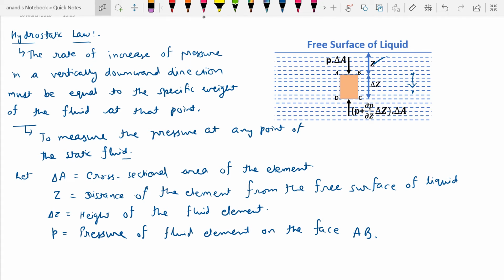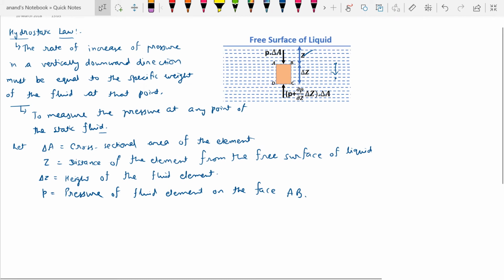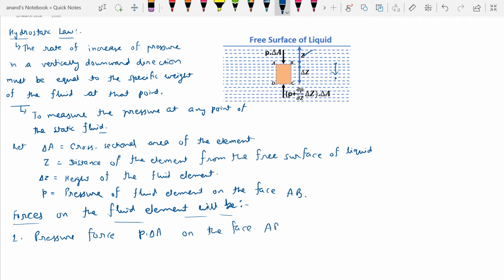Now, the forces which will act on this fluid element will be, first, the pressure force P into del A on the face AB, which will act in the downward direction.